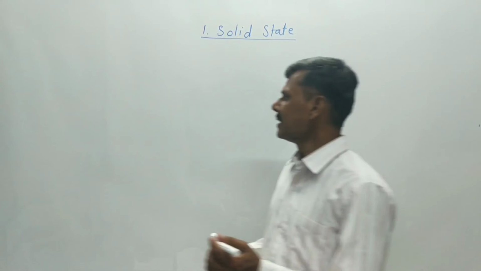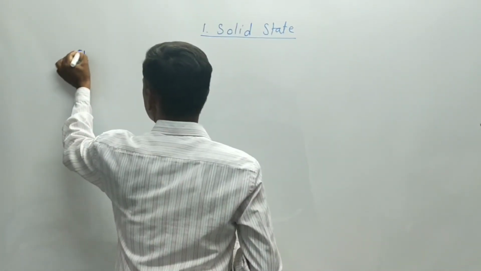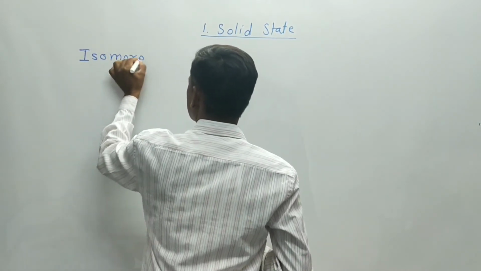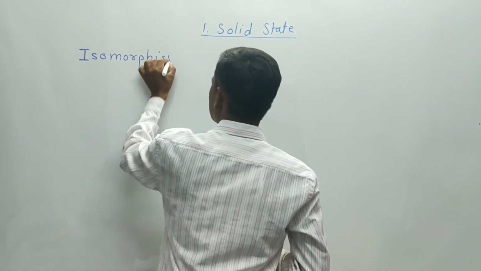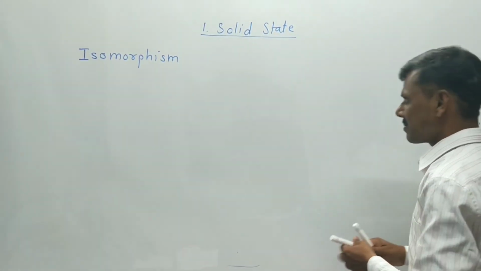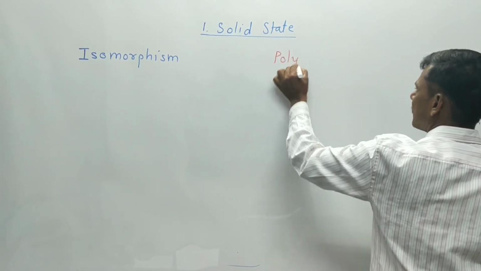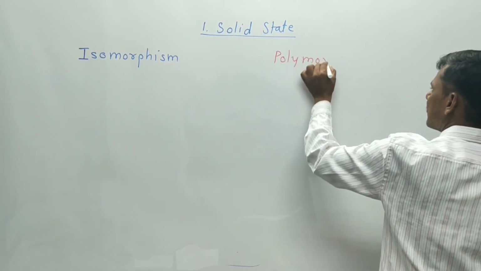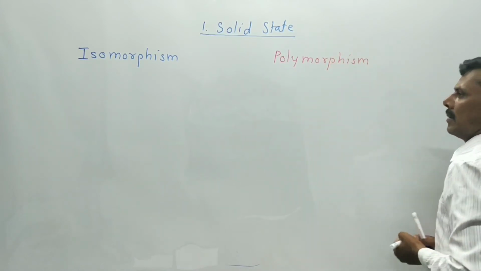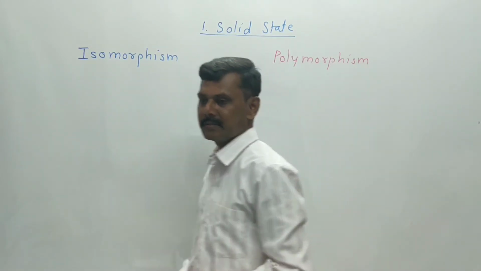Now let us see what are these two properties. Isomorphism and polymorphism. Let us see isomorphism first.